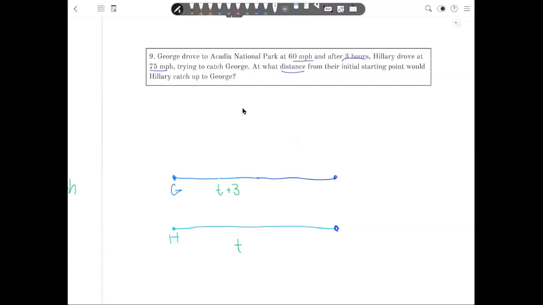So what is the distance that George will travel? 60 times (t plus 3). This is going to be equal to 75 times t, right? So t is the time, and 60 is the miles per hour for George, and 75 is the miles per hour for Hillary.